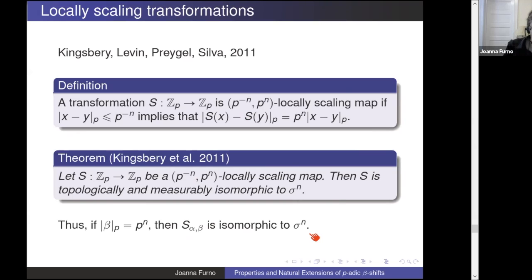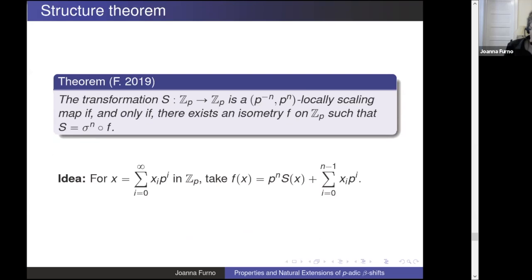All right, can we push this farther? To be able to write a more general natural extension, I wanted to be able to write any of these p to the minus n, p to the n locally scaling maps as an iterate of a shift composed with an isometry, because that makes things nice and easy to work with. And it's not that hard to do. What do you take for your isometry?